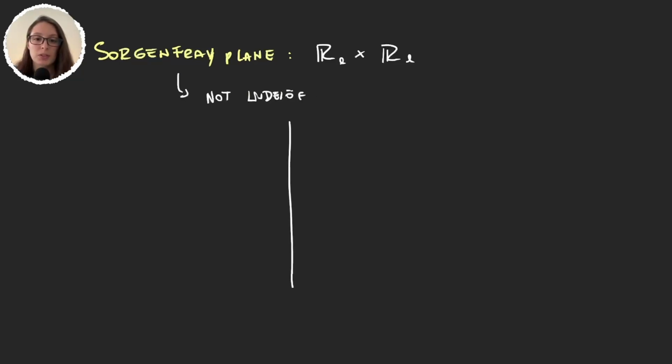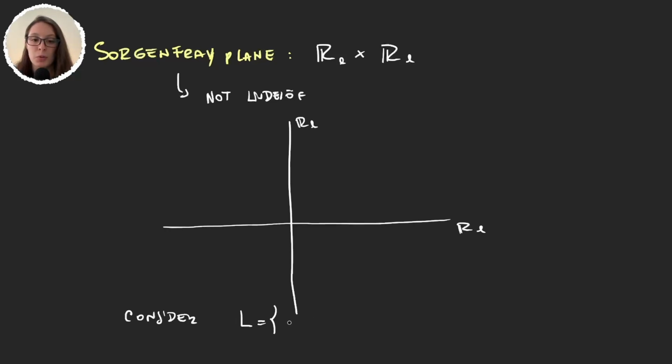For this, we will consider a specific subset of the plane. So if this is RL and RL, we will consider the set L formed by all the elements of the form minus x times x, where x is a real number. So L is this diagonal.